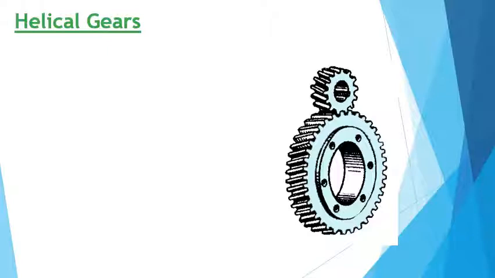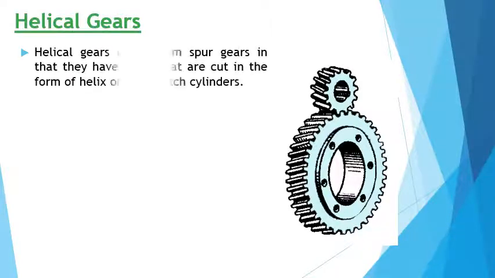Helical gears are similar to the spur gears. That is, they are also used to connect parallel shafts like spur gears. But the difference is that in helical gears, the teeth are cut at an angle to the axis of the shaft.